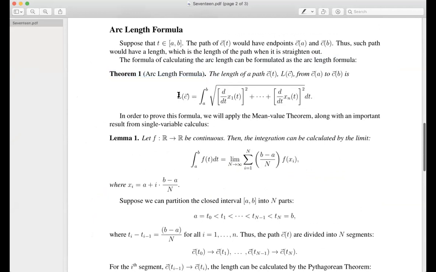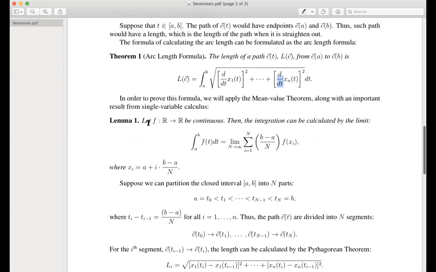The arc length is just an integration from your starting point to end point, and we are taking the integration of the derivative of x1 with regard to t, and then we square it, plus the derivative of x2 with regard to t and square, plus all the way to the derivative of xn with regard to t and then square, and then we take the square root of all this sum. Okay.